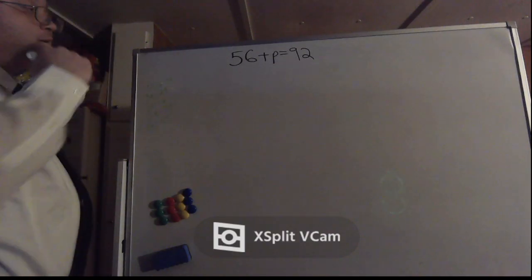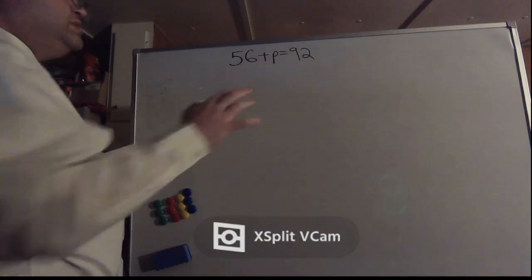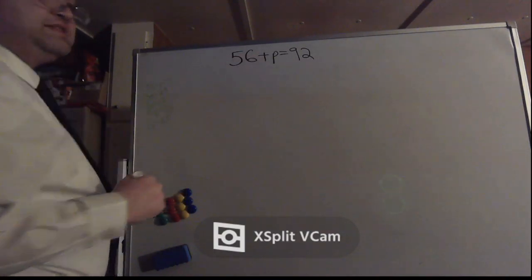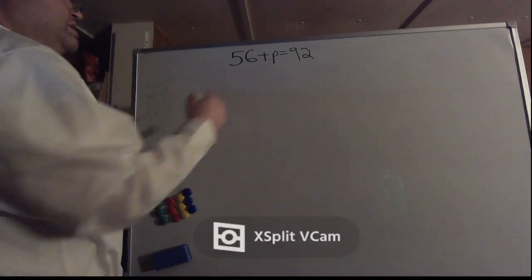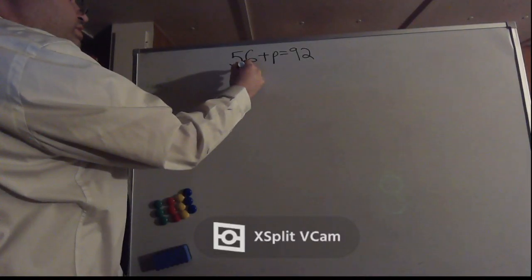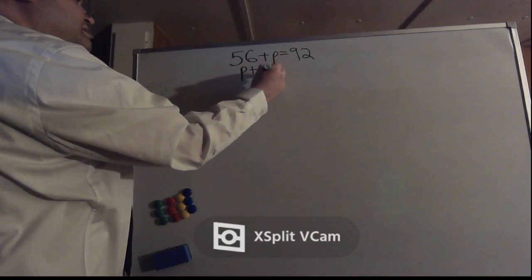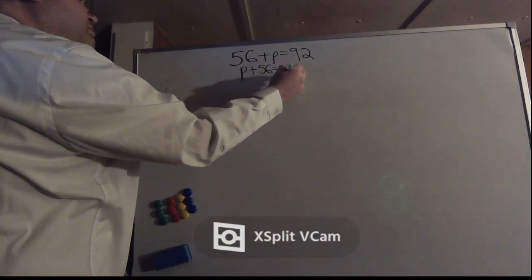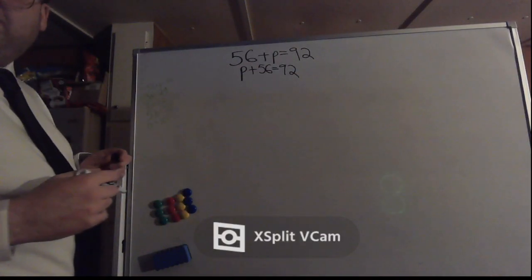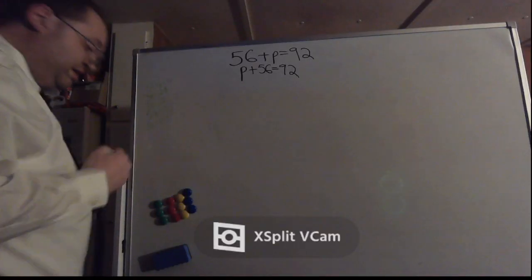Well, by the commutative property, you could switch P and 56, because in addition, it doesn't matter what order they go in. So you could say P plus 56 equals 92. You can totally do that if that makes it easier for you.